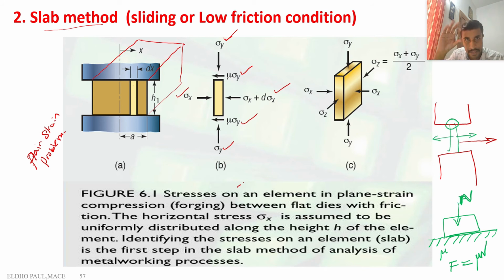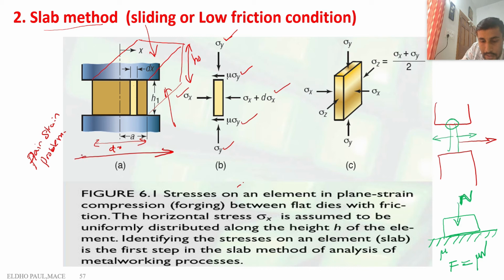When we deform the workpiece by compressive force, this height is reduced from S0 to S1. There is a reduction in height. Corresponding to the reduction in height, the diameter from D0 to D1, or the length, is increased from D0 to D1.